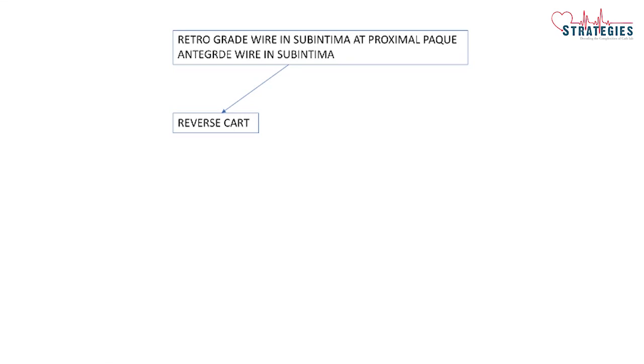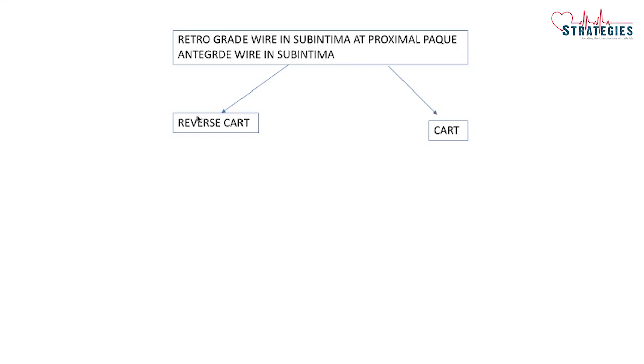I have only two options. One is reverse CART, and the other is CART. In CART, I have to send a balloon through the septal collateral. It's a good septal collateral, but there are a lot of loops in it, so sending a balloon for CART is not a first option.